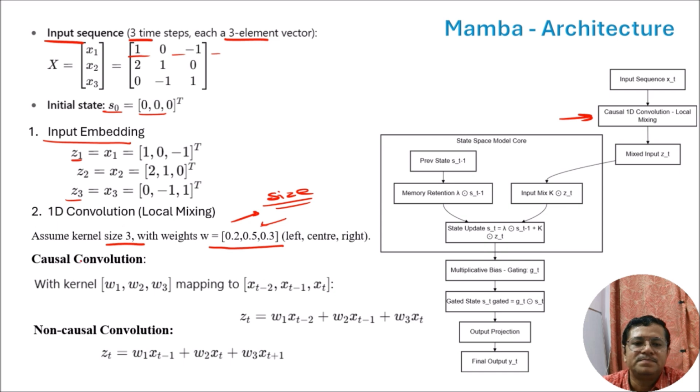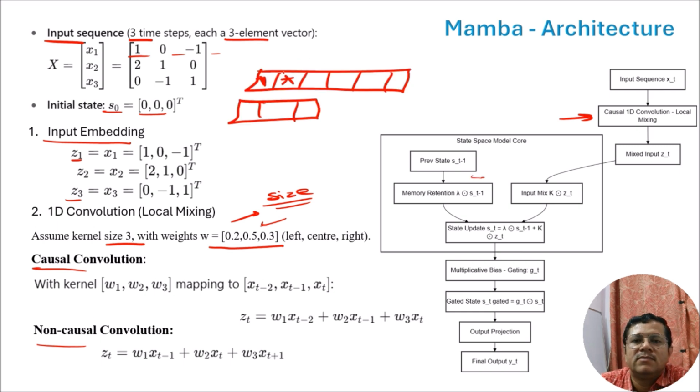Now again, there are two different kinds of convolution we can achieve in the Mamba architecture. The first is causal convolution and the second is non-causal convolution. Suppose this is our element vector, and this is t, this is t plus 1, this is t minus 1, this is t minus 2.